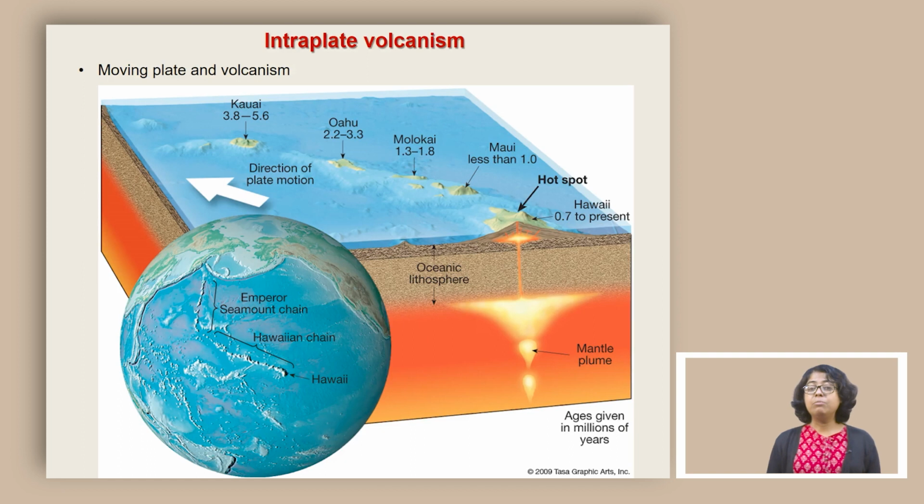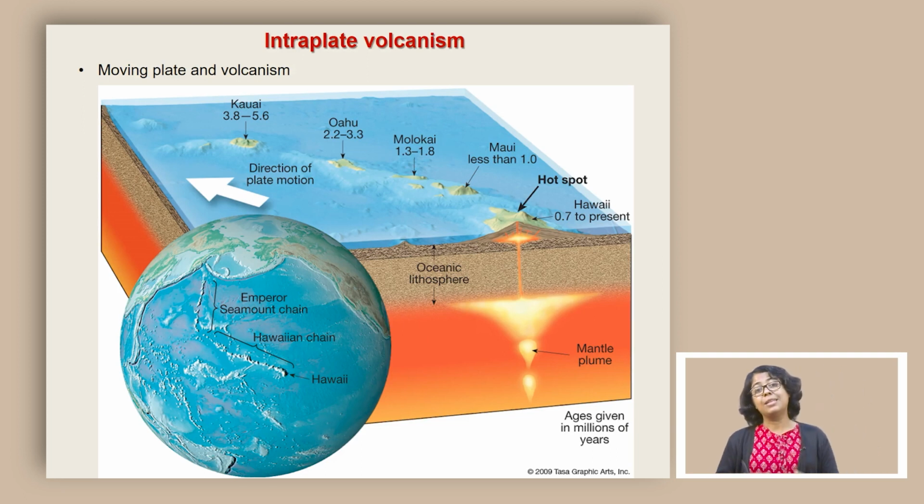However, there can be a series of volcanoes, and the series of volcanoes that we have has nothing to do with continuous volcanism happening at the same point in time, creating these volcanoes simultaneously, which is the case of these convergent boundary volcanisms.